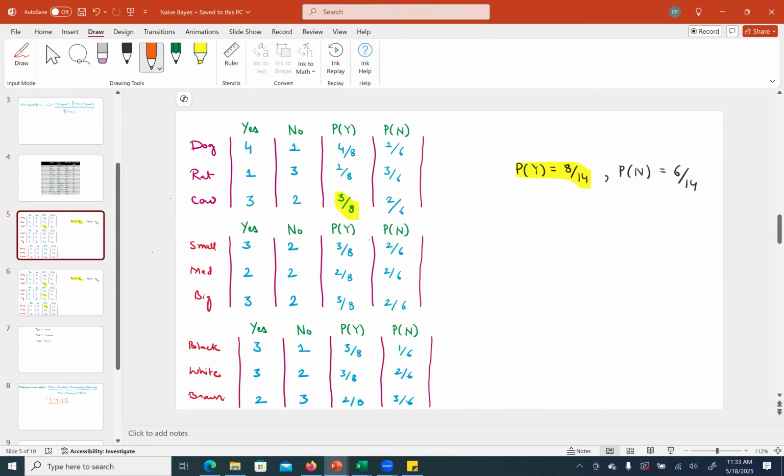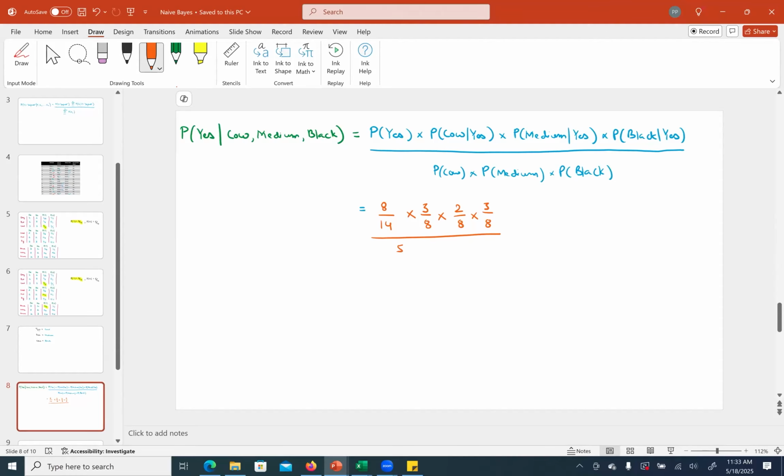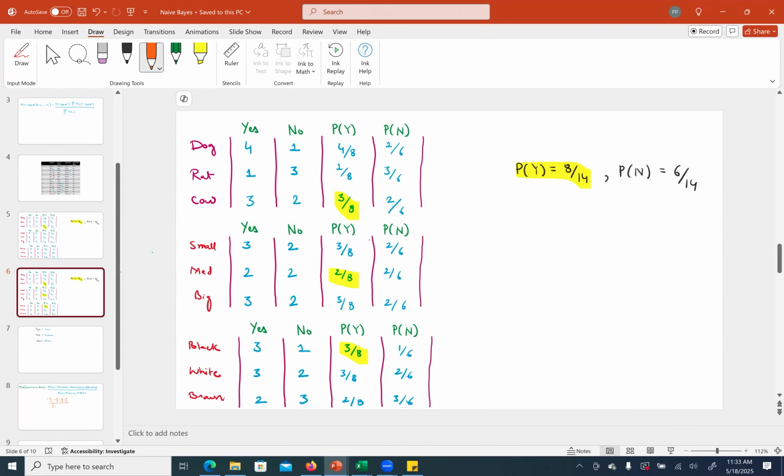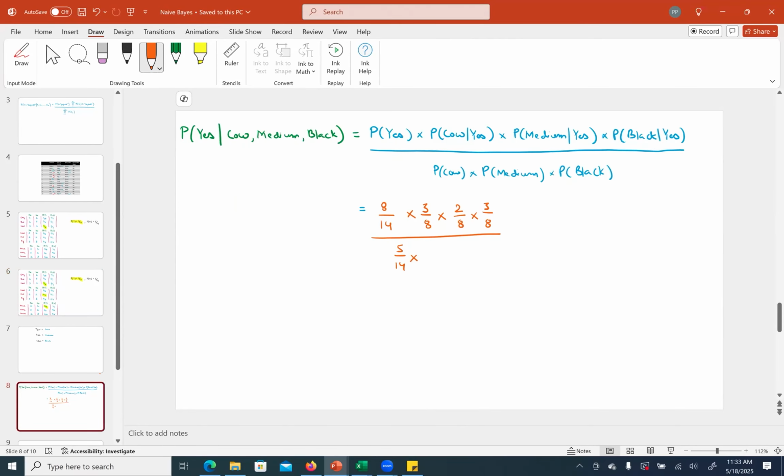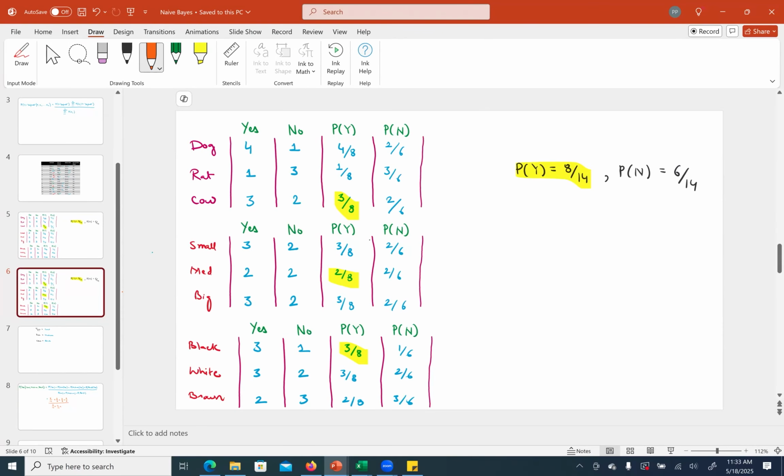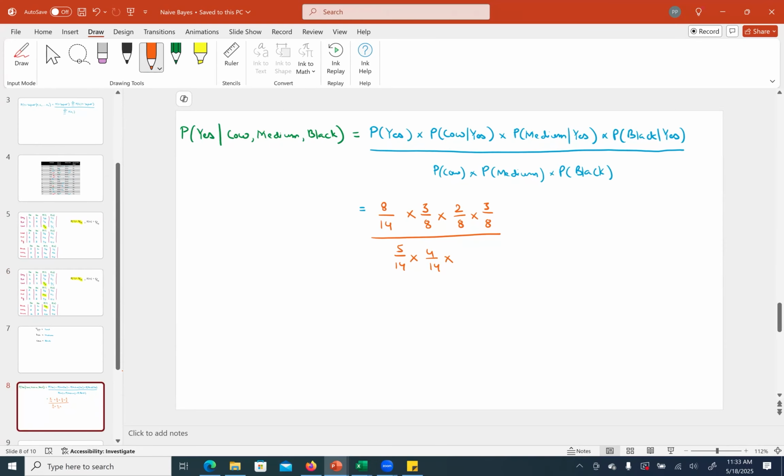Probability of cow will be the total number of cow data points, 5/14. Probability of medium is the total number of medium, that is 4/14, multiplied by the probability of black, 4/14. Now let's solve it. Give me 1 minute.